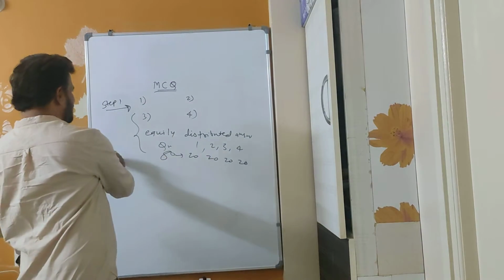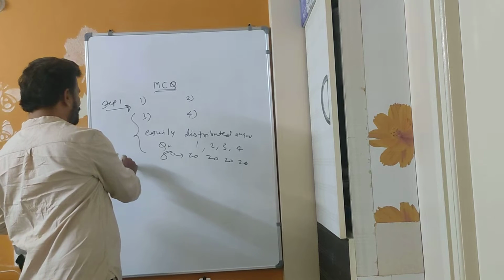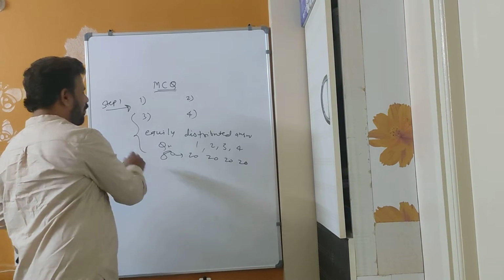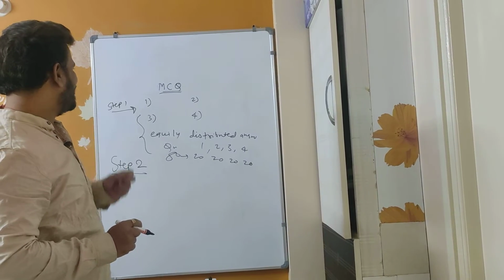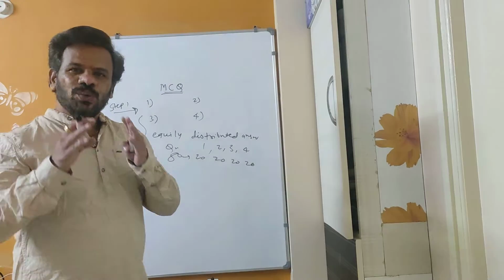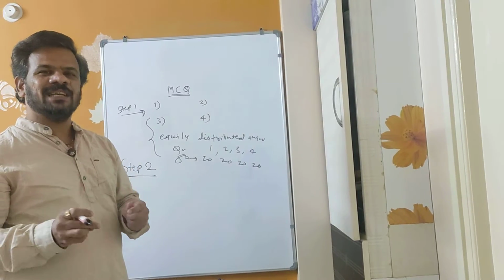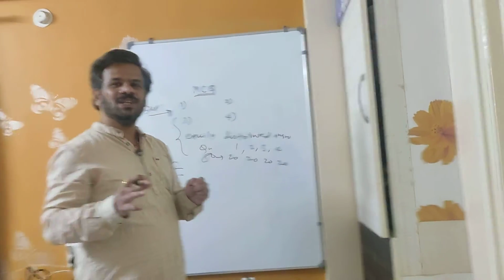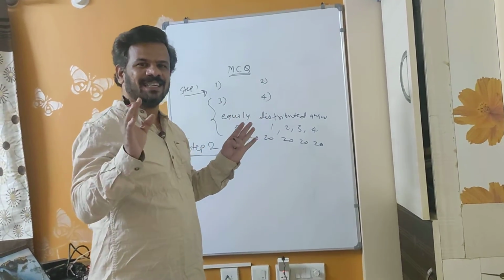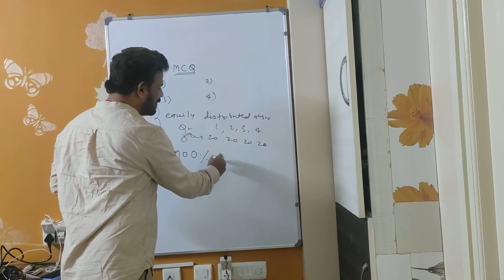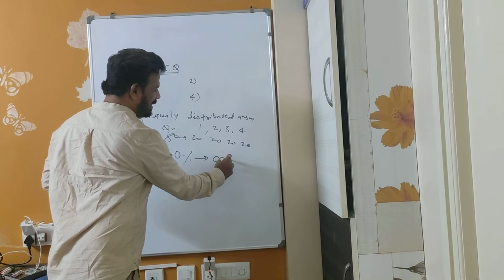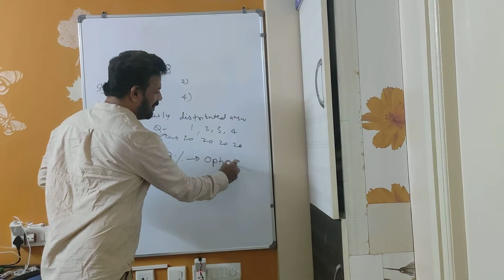Now step number 2. What will be step number 2? You should first analyze which questions you know 100%, where you have a 100% guarantee of what the option is.